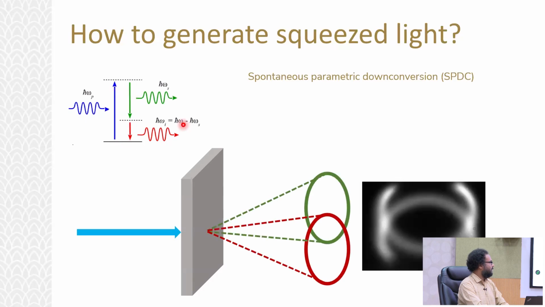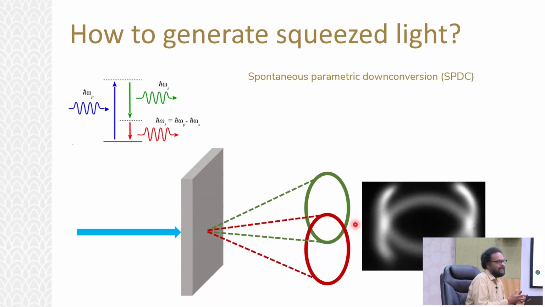Okay, and this is how it looks. This is a real live image of SPDC. Now, why there are two cones, and so on and so forth, is a topic for a later time. We will not go into that. But it so happens that this SPDC light can be used as a squeezed state. Later on I'll show this is also an entangled state, which is kind of confusing.